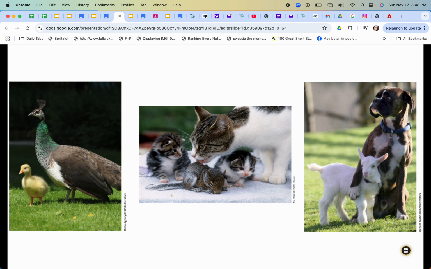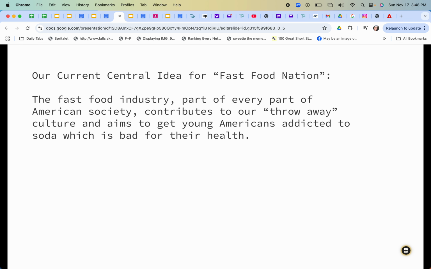So you might remember that last week we came up with our current central idea for Fast Food Nation. And it was something like this, because we had talked about the fast food industry being in all parts of American society. We talked about how McDonald's started this culture of throwing everything away instead of washing plates and things like that. And then we talked about the soda article.